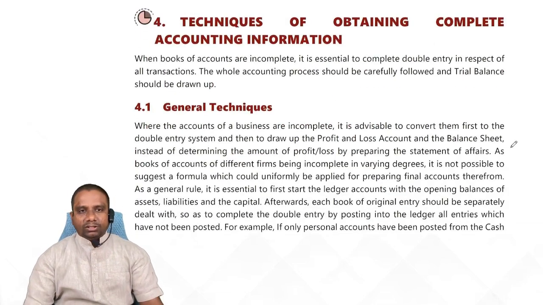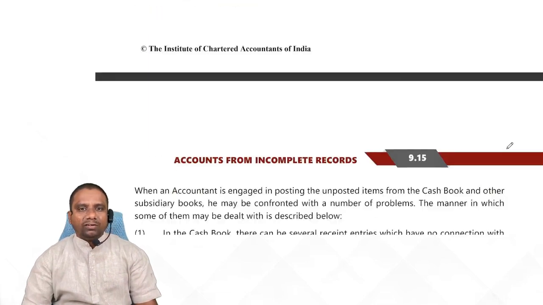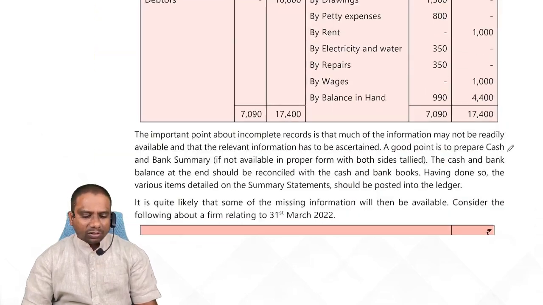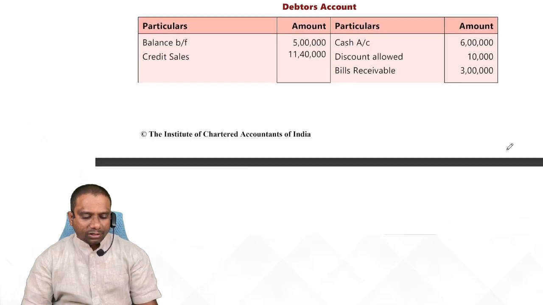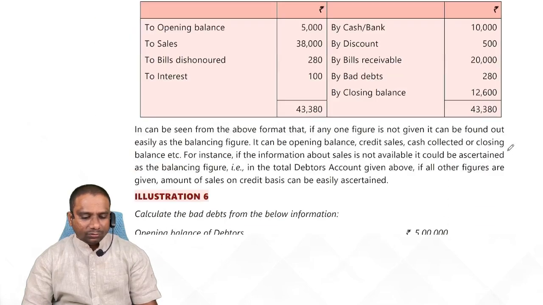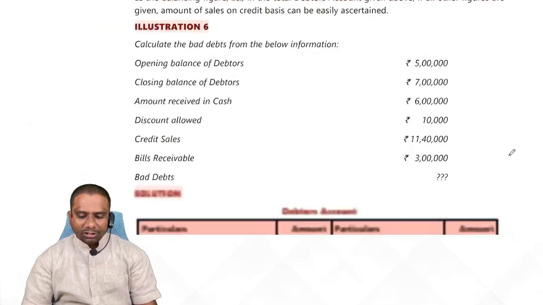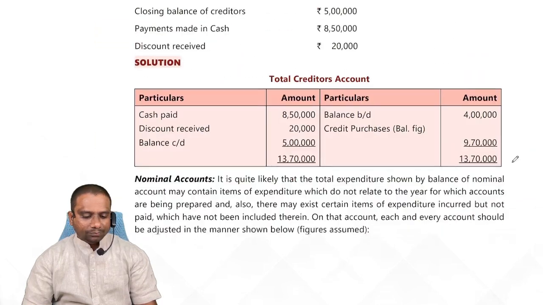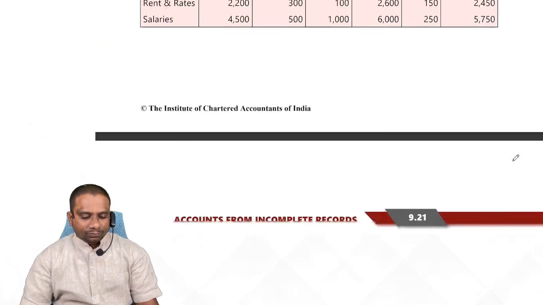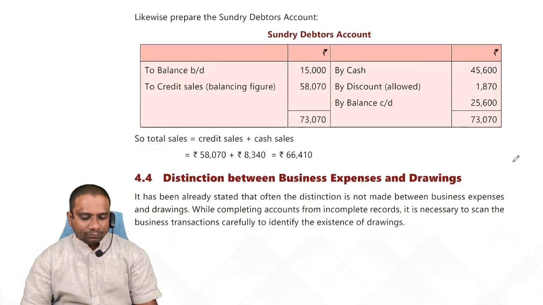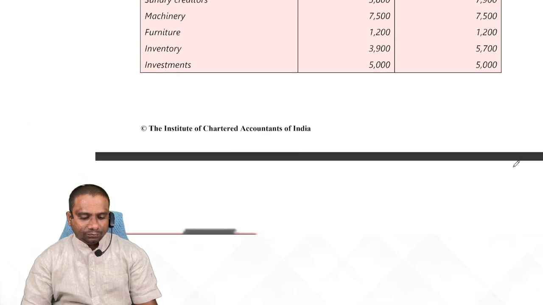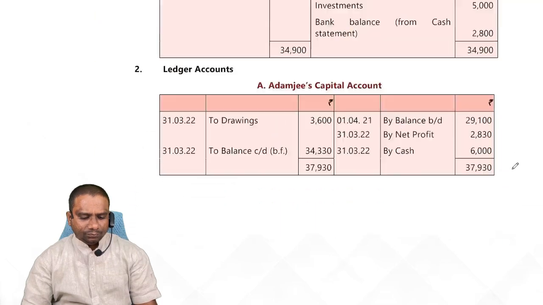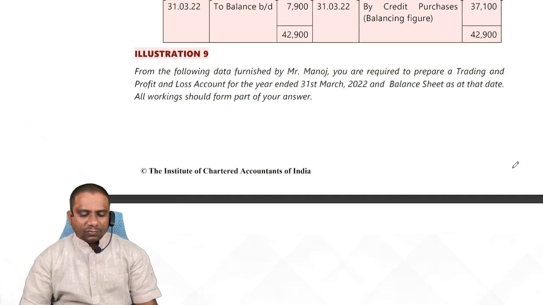Now the conversion method. Under the conversion method, what do we have to do? So here they have given a little bit of procedure. Just a minute. I will show you the procedure here. Okay, fine.